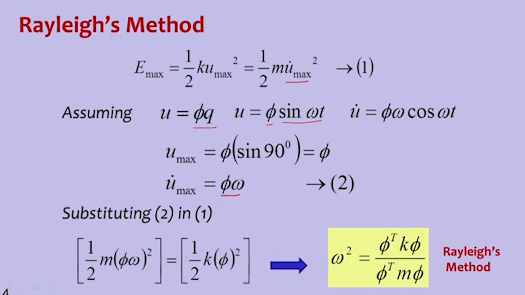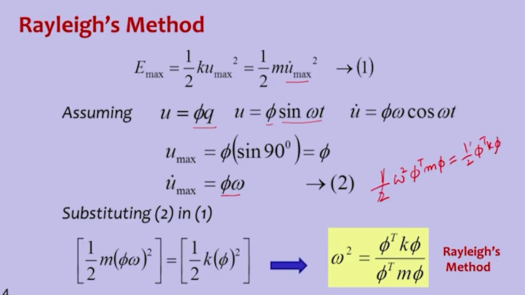So, with this we can write omega square, where the half gets cancelled, m by k we can put here. I am rewriting this equation here: half omega square phi transpose m phi on the left hand side, and the right hand side is equal to half phi transpose k phi.